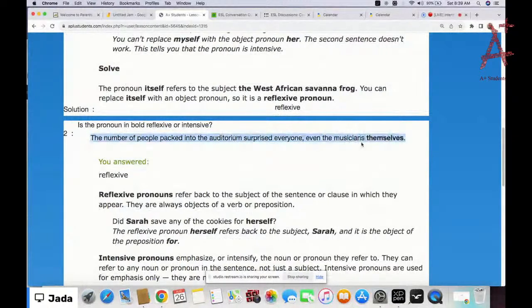Now it's musicians. So are you gonna say musicians ourselves? No. Musicians himself? It is more than one, so you cannot say him. Musicians itself? No. So you see that there's nothing you can replace with themselves that would make sense. So this makes it intensive. That is it for intensive.